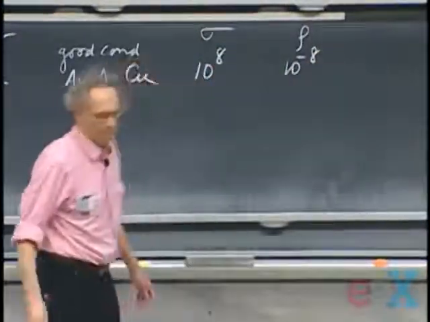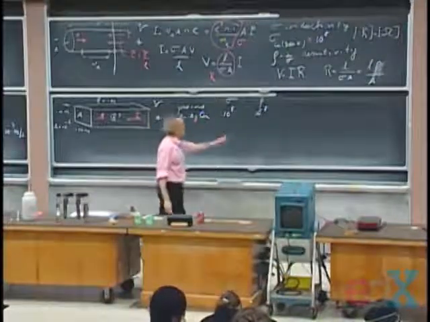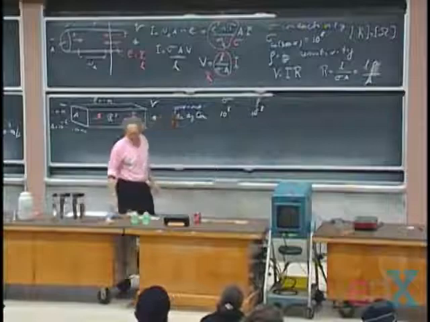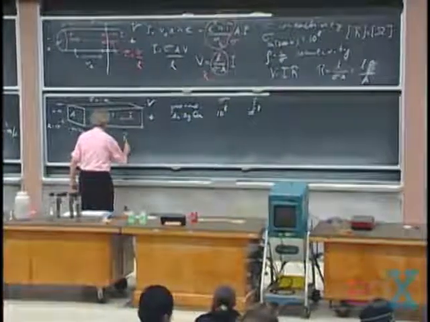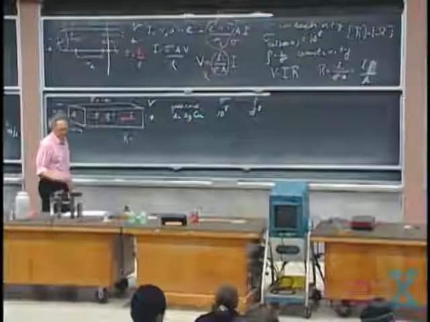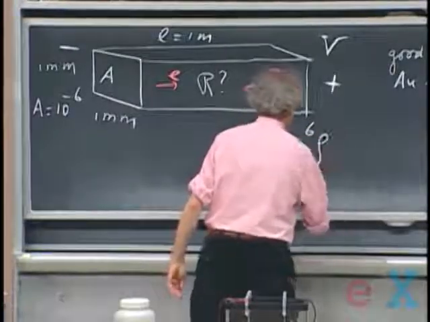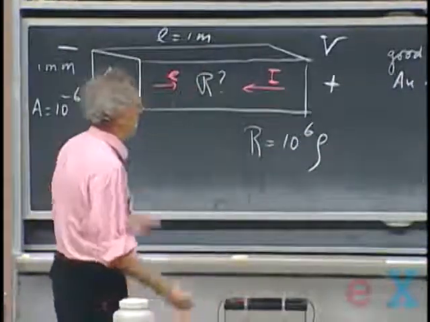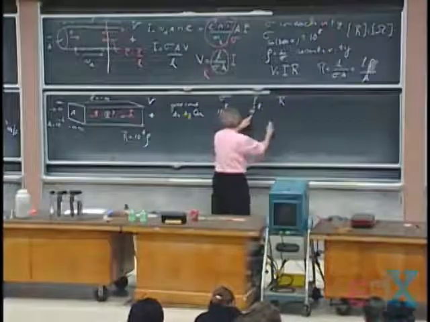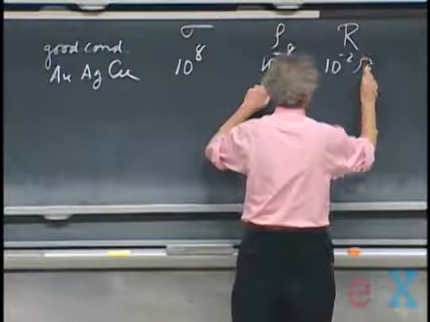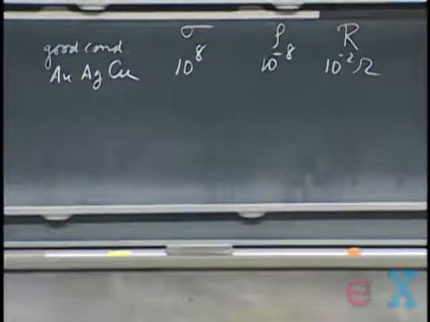It's 1 over sigma. And so in this particular case, since A is 10 to the minus 6, the resistance R is simply 10 to the 6 times rho, because L is 1 meter. So it's very easy. The resistance here, R, is 10 to the minus 2 ohms. 1/100th of an ohm. For this material, if it were copper.